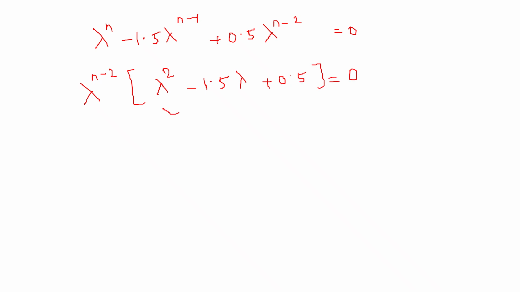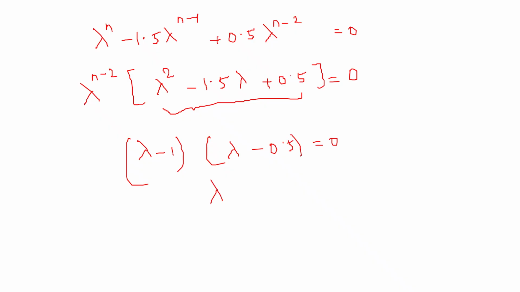We call this equation a characteristic equation, and we will try to find the eigenvalues or roots of this equation. I will get lambda minus 1 and lambda minus 0.5 equal to 0. So lambda is equal to 1 and lambda is equal to 0.5 are the roots of this equation.